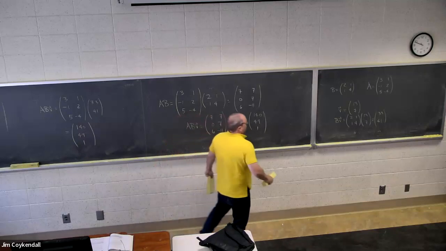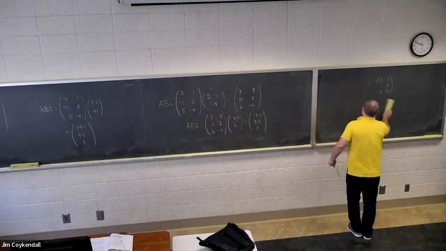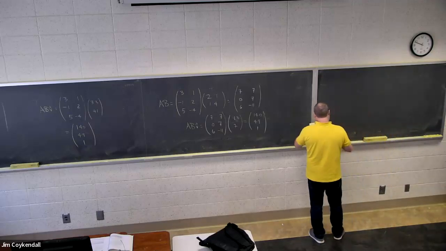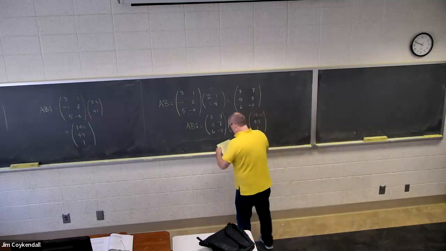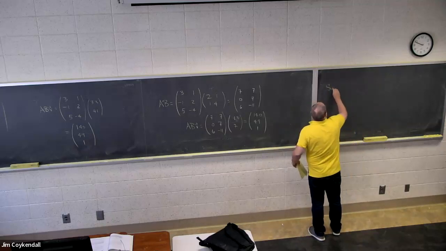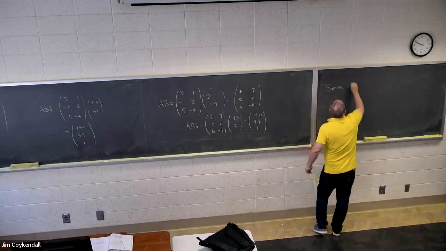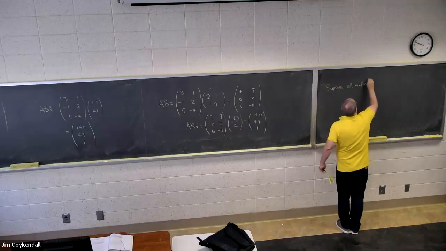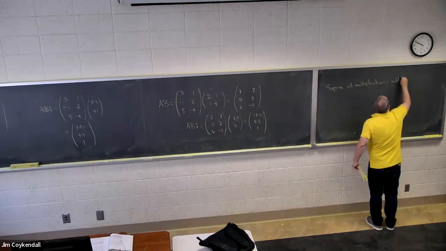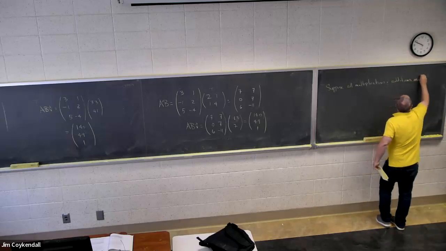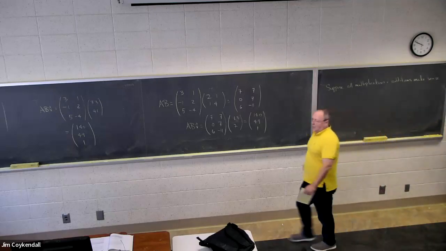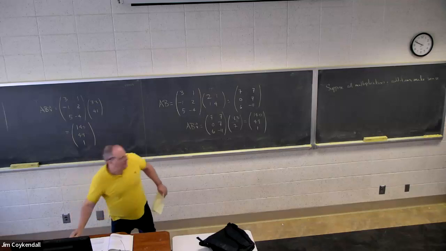Okay, so let me give you a couple of theorems to kind of round things out here. Suppose all multiplications and additions make sense. That is to say, suppose these matrices that I'm going to talk about in this theorem are all the appropriate size to do what we want to do here.